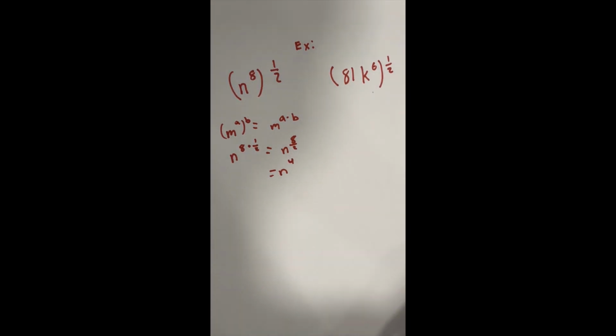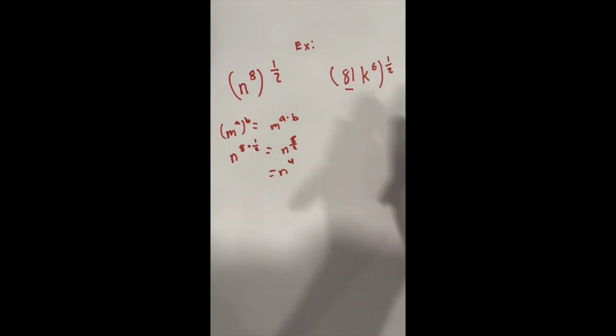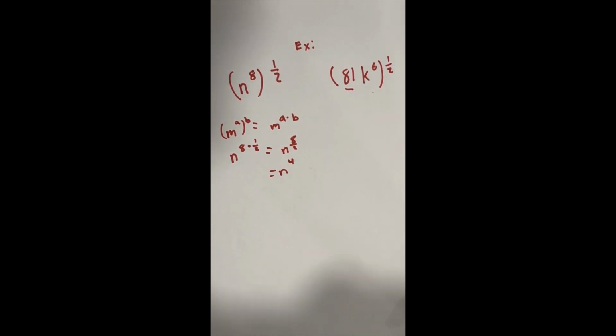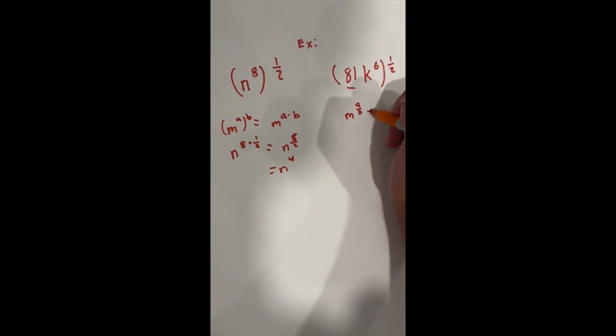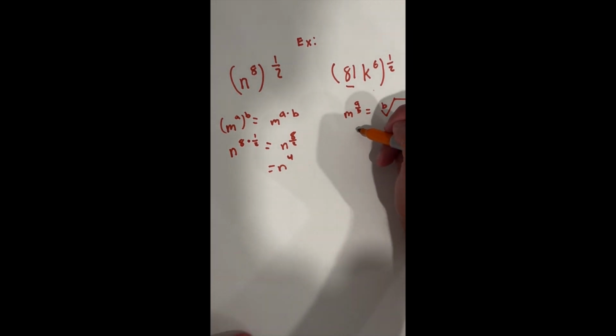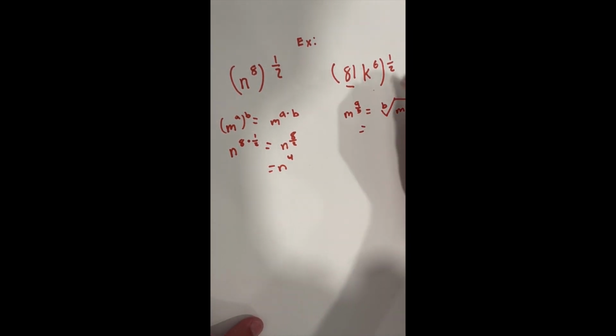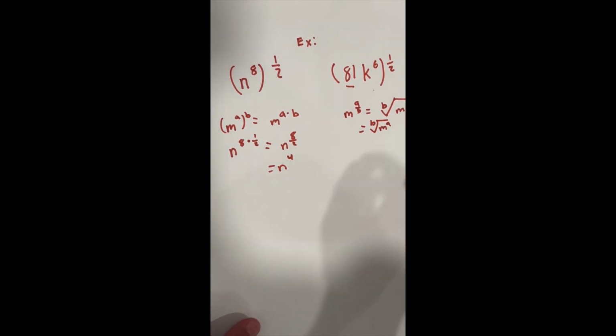So now for this expression, we need to treat the 81 separately from the k to the power of 6. We need to remember the rule that when you have a fractional exponent, it's going to be a root or a radical. So m to the power of a over b is going to be equal to the b-th root of m to the power of a.